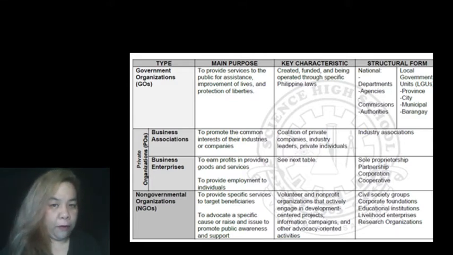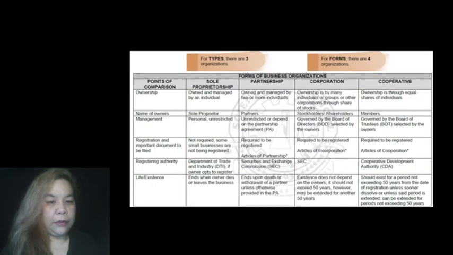Now we move on to the different types or forms of business organization, and they are presented in a manner by which you can see points of comparison between and among these different business organizations.